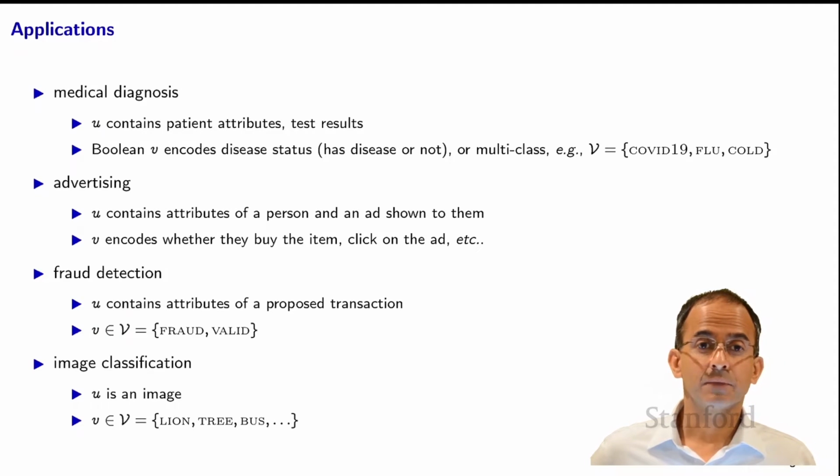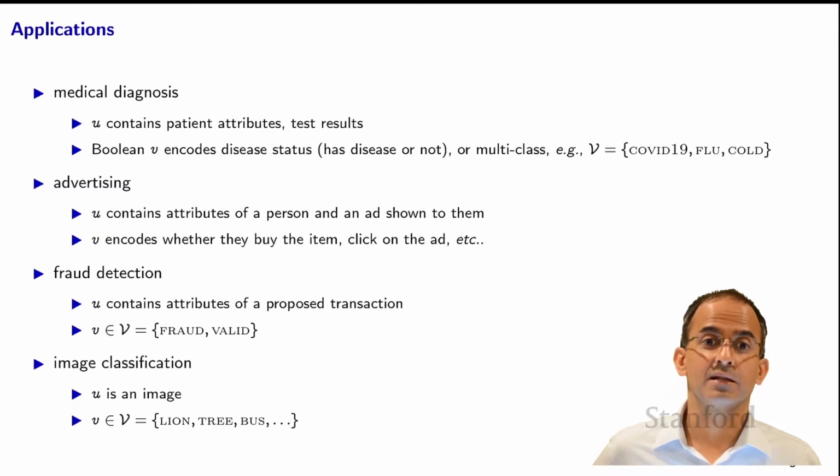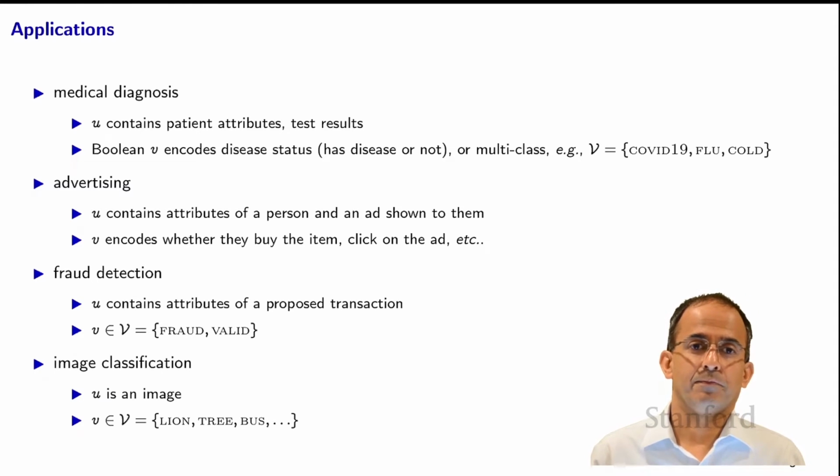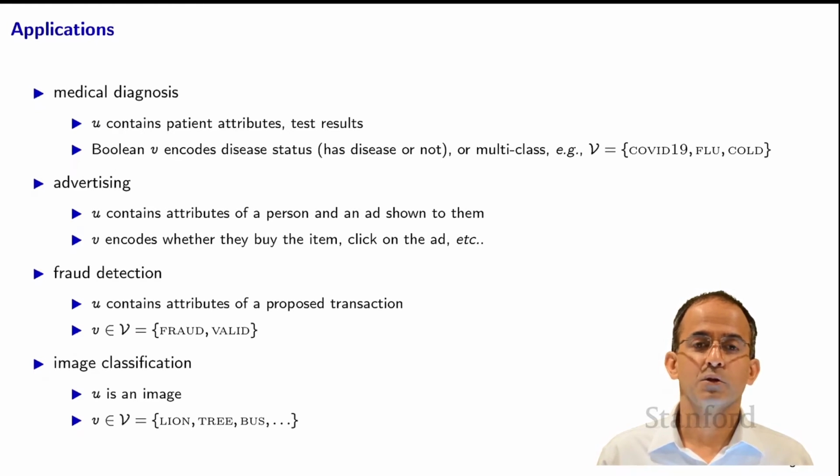If we're doing advertising, then U contains the attributes of a person, the demographic data about an individual. And it also contains information about an ad that's being shown to them. And then V encodes whether they will buy the item, whether they're going to click on the ad, etc. Fraud detection, so here U might contain the attributes of a transaction.